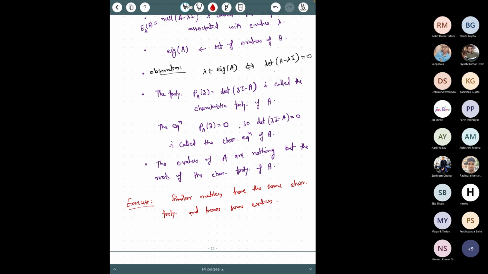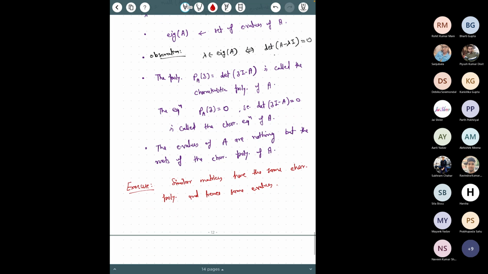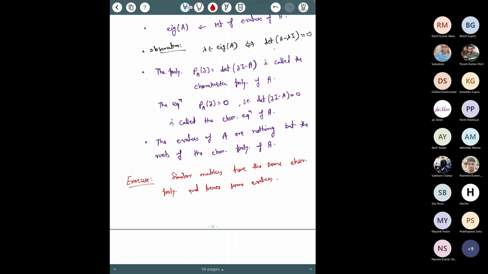You can verify this, and using this we will conclude that the set of eigenvalues of T is the same as the set of eigenvalues of the matrix of T with respect to any basis. So it doesn't matter which basis you are choosing, the set of eigenvalues would be the same. This we will prove in the next class, and we can stop here.